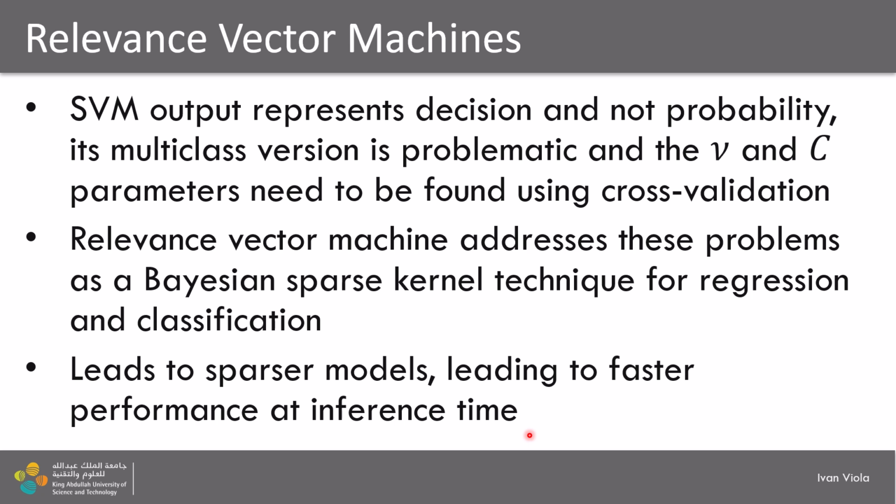Certainly, one training of relevance vector machines has higher computational complexity. However, since support vector machines require several trainings, it's a question whether several trainings of support vector machines are faster than one training iteration of the relevance vector machines. So let's have a look at what these relevance vector machines are.